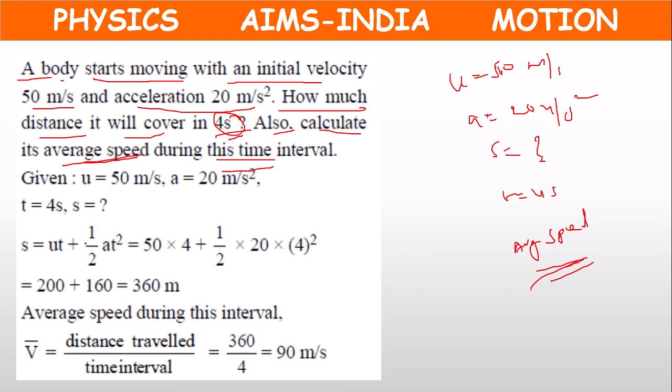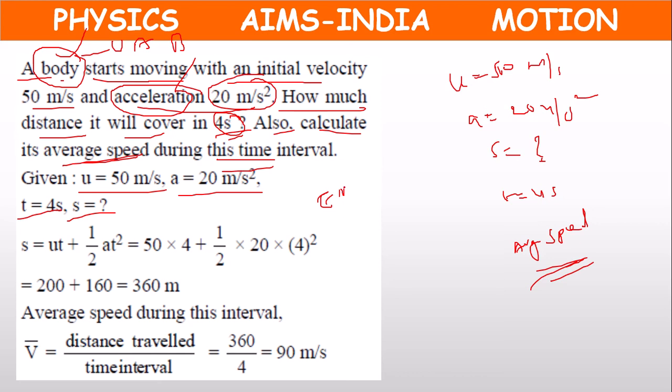So given that u value is 50, a value is 20, t value is 4 seconds, yes, we have to find, because the body is moving with the acceleration 20 meters per second square, which is uniform. So the body is an example of a uniformly accelerated body. For these kinds of bodies, we can apply equations of motion.